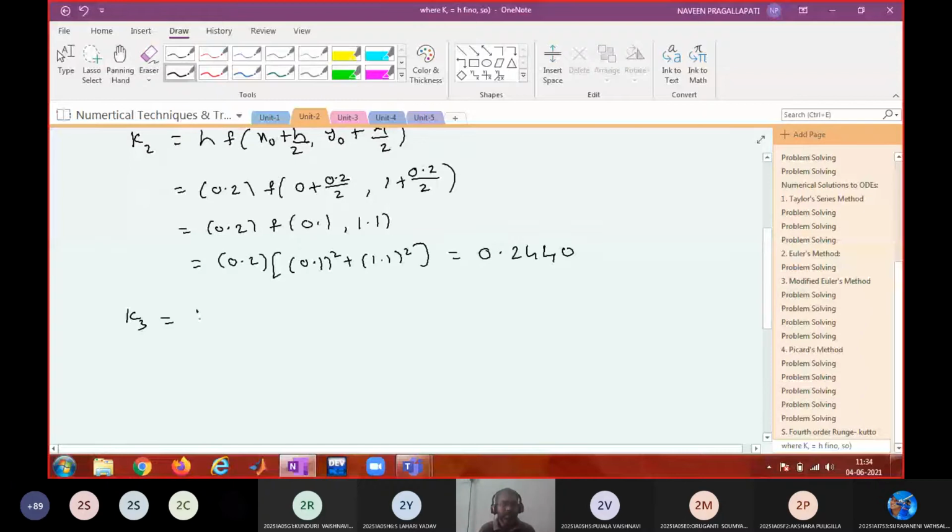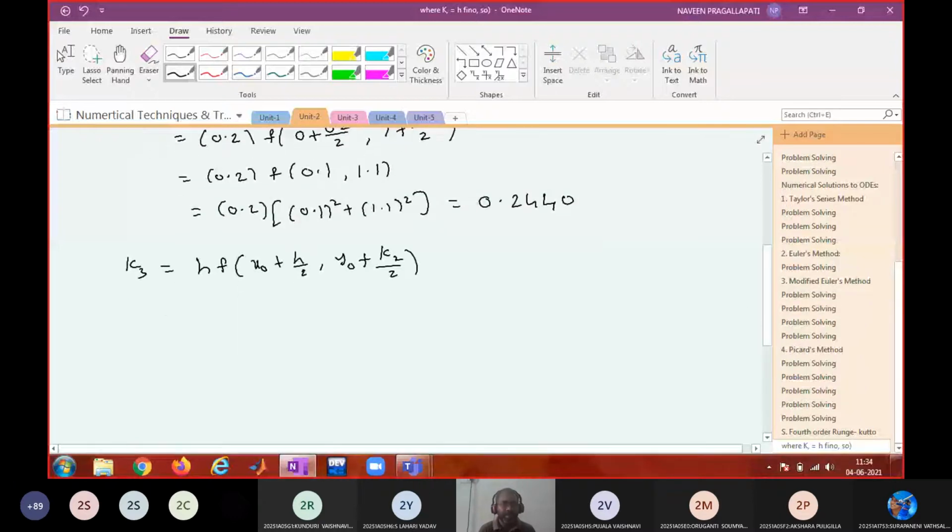Now compute K3. K3 is h into f of x naught plus h by 2, comma y naught plus k2 by 2. So this is 0.2 into f of 0 plus 0.2 by 2, comma y naught is 1 plus k2 by 2, where k2 is 0.2440.